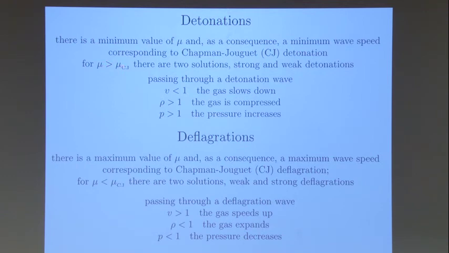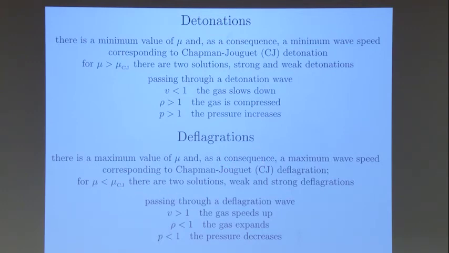For mu bigger than mu Chapman-Jouguet, there are two solutions, the strong and weak. And in general, passing through a detonation, V is less than 1, so the gas slows down. Remember that it's relative to the wave, okay? Then rho is bigger than 1, the gas is compressed, and the pressure increases. In deflagration, there is a maximum value of mu, and therefore there is a maximum wave speed, and the maximum wave speed corresponds to the Chapman-Jouguet deflagration.